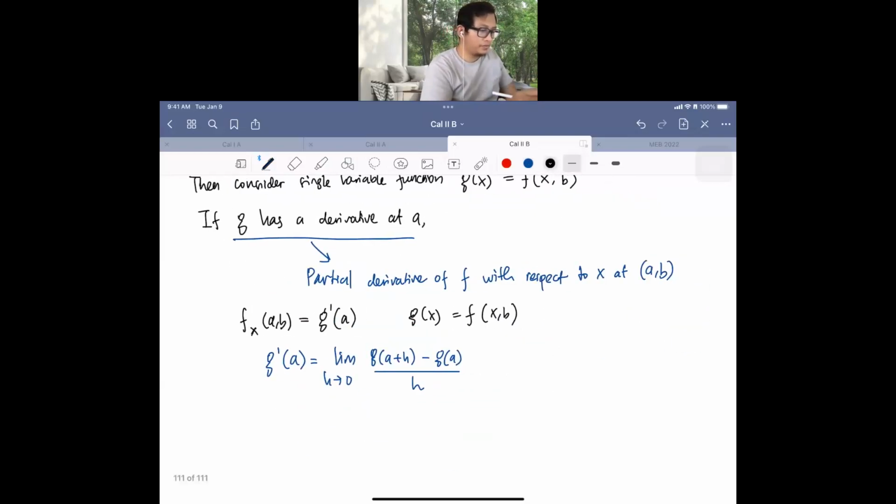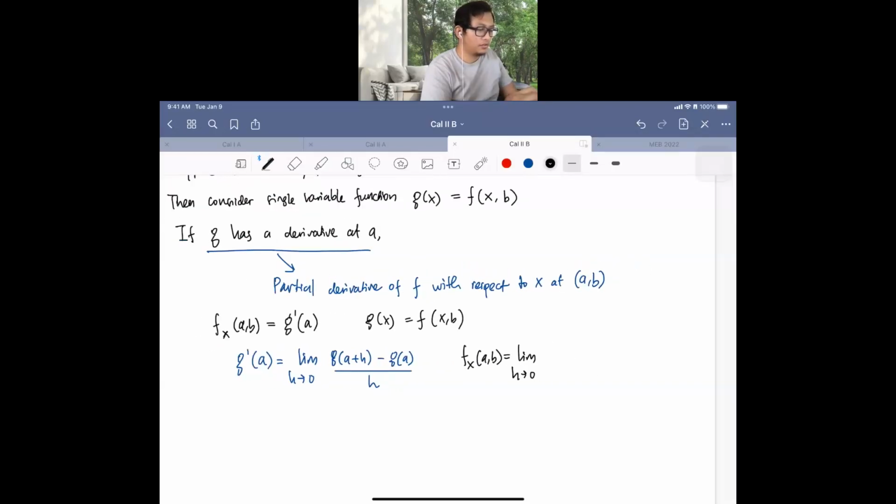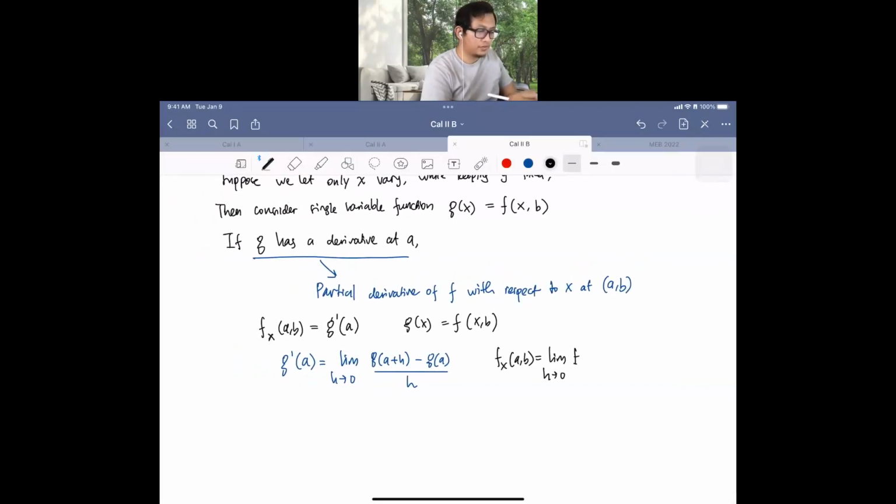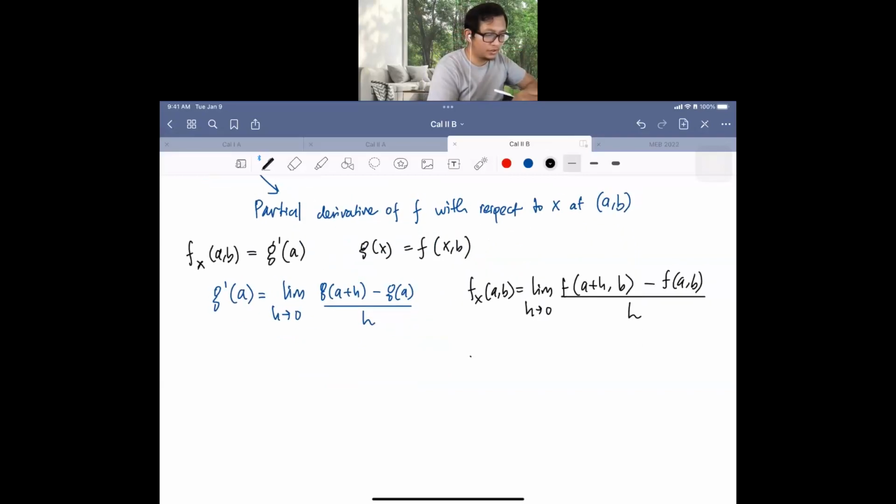And of course, from here, g prime of a is given by the limit definition. So we have f_x(a, b) equals the limit of f(a plus h, b) minus f(a, b), divided by h. And similarly, we'll have f_y. This is when x is fixed and y will be the variable.